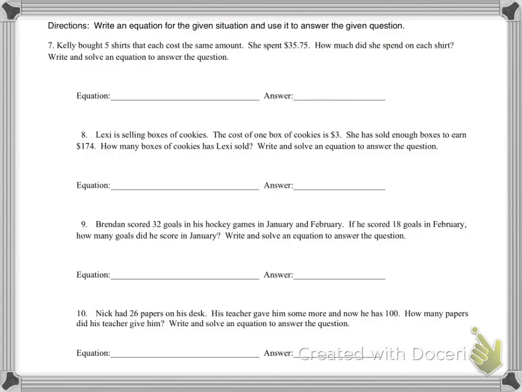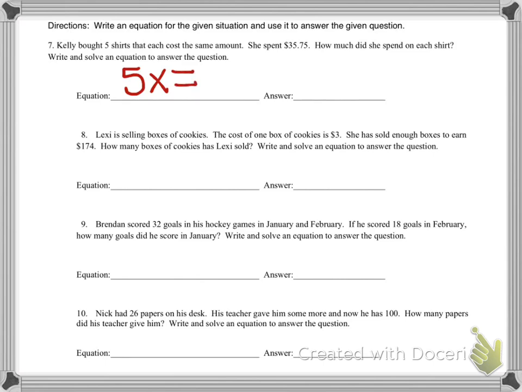All right, moving on. This is where we have to write an equation, and then we're going to solve the equation. So Kelly bought 5 shirts that each cost the same amount. She spent $35.75. How much did she spend on each shirt? Well, 5 shirts, and I don't know how much each shirt costs, so I'm going to call that X. So 5 shirts at some cost I don't know.